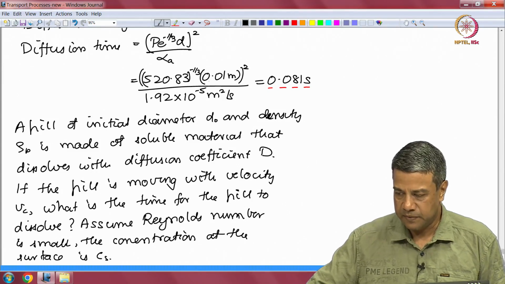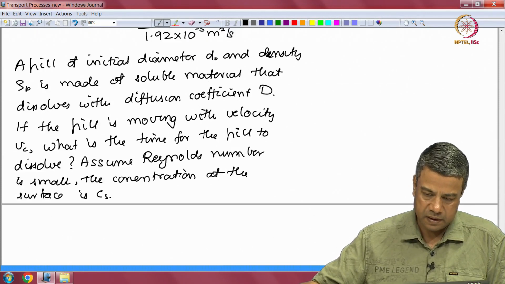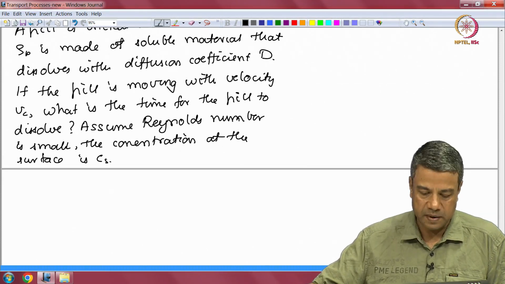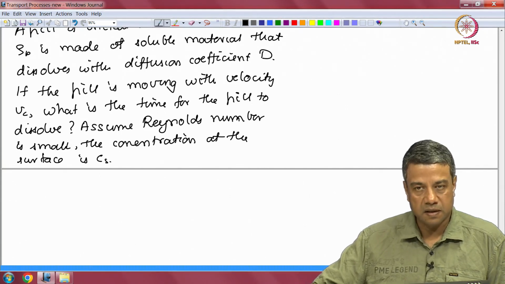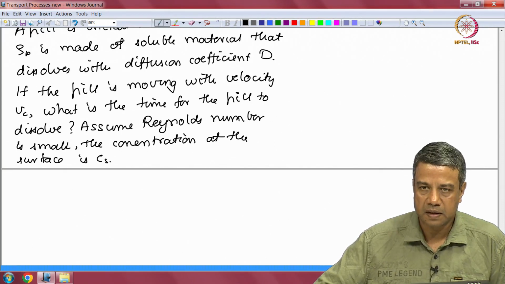Okay, so that is the problem. A pill of initial diameter d naught was dissolving. The density of the pill is rho p. Surface concentration in the liquid is Cs. Diffusion coefficient is D.